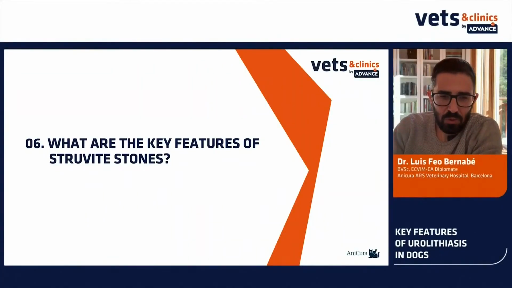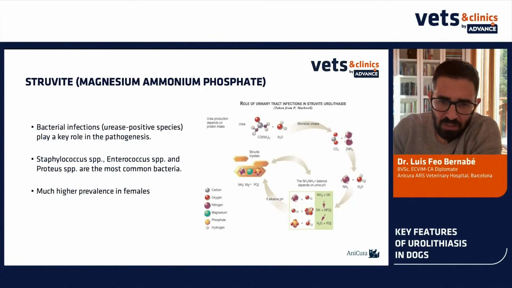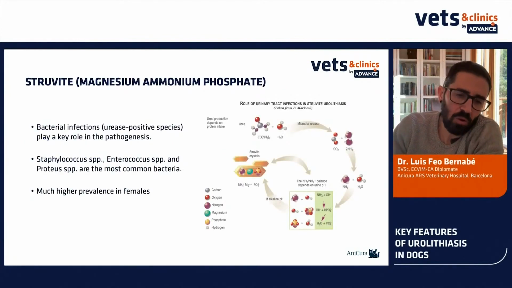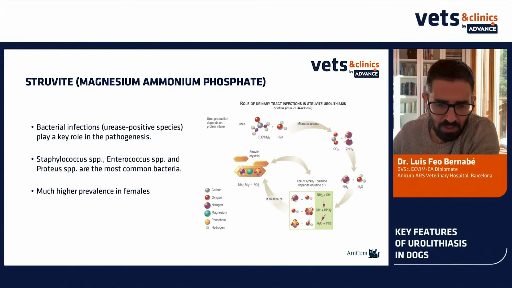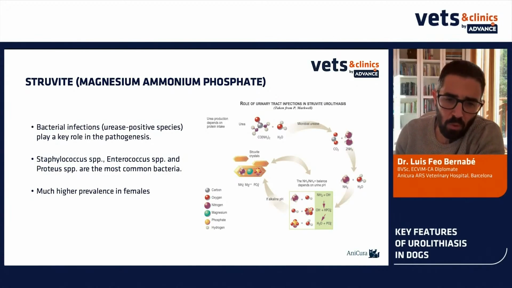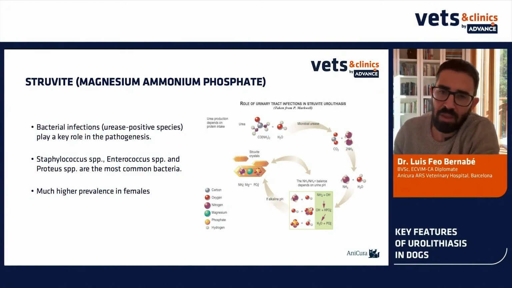Yeah, for sure. Struvite, for me, is one of the most frequent ones we already mentioned. It is the magnesium ammonium phosphate calculi, so we call it struvite. What we know is that bacterial infection with urease-positive species, not all of them, only those ones, plays a role in the pathogenesis. The bacteria that we need to think about are Staphylococcus, Enterococcus, and Proteus. They are the most common bacteria involved in this urolith, and it is clearly much more prevalent in females because we know females are more frequently affected by UTIs.